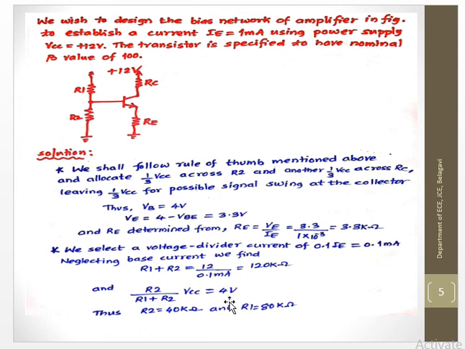We know that the voltage across R2, which is R2 divided by R1 plus R2 times VCC, is 4 volt. So to satisfy this condition, we can select R2 as 40 kilo ohm and R1 as 80 kilo ohm, with 0.1 milliampere.